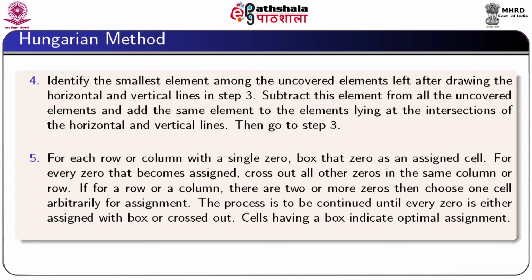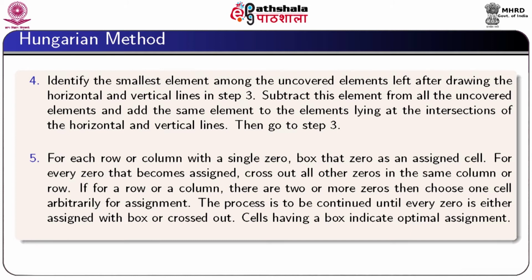Then we again go to step 3, and there we draw the least number of horizontal and vertical lines, and if the number of lines is not equal to the order of the matrix, then we come back again to step 4. Otherwise, we proceed to step 5.